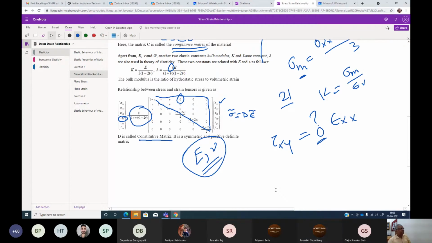In elasticity, Poisson's ratio is not above 0.5. For any solid material which behaves in an elastic manner, it will not exceed 0.5. Now you can see why it is. 1 minus 2 mu is sitting there. And there are some other reasons also.